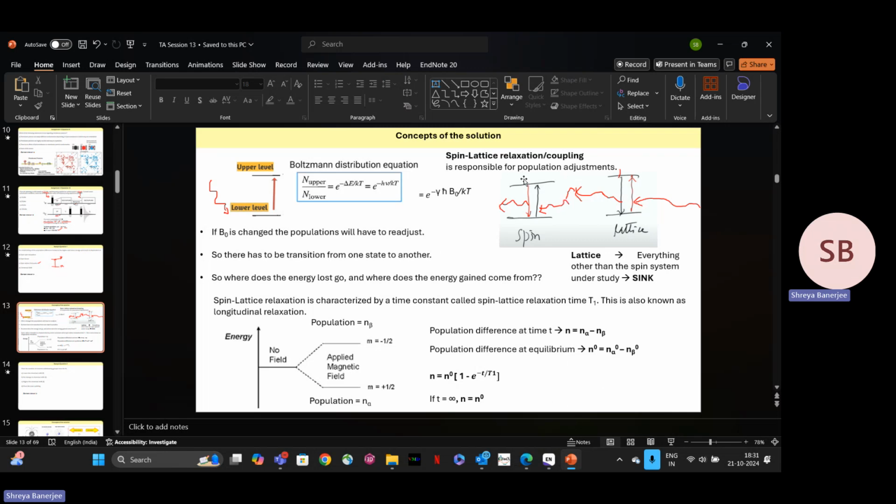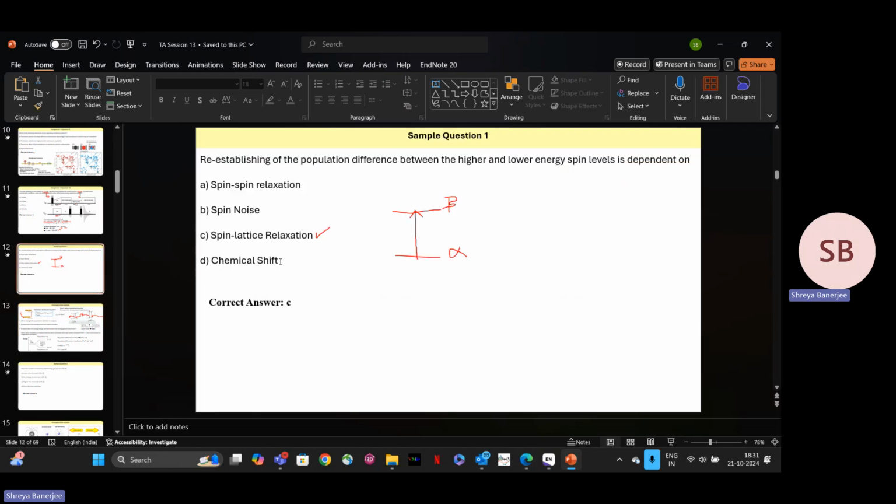But the moment the populations become equal, there is no net absorption or release of energy, and the NMR signal will completely vanish. So that is what spin lattice relaxation does. And if we go back to the question, you can see it again now.